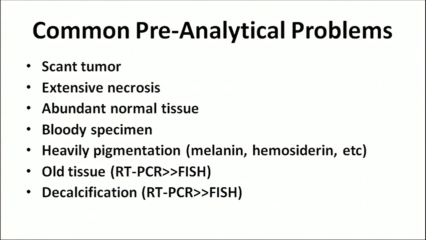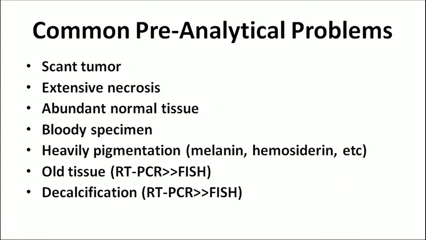Some of the common pre-analytical problems when we try to use these methodologies with tumors: sometimes with biopsies we have really scant tissue. Sometimes we have a lot of necrosis. Abundant normal tissue can be a problem with some of the techniques. Blood in the specimen, heavy pigmentation, either melanin or hemosiderin.